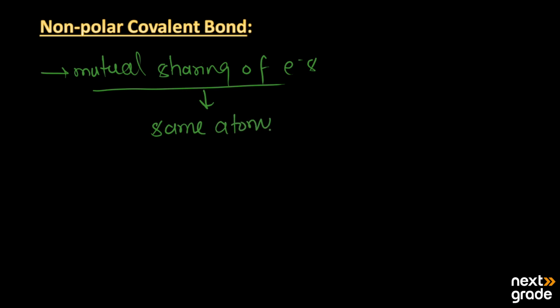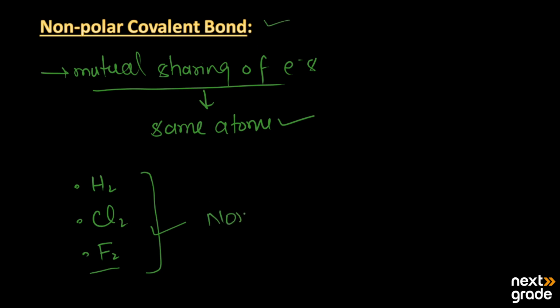Now what do we mean by the same atoms? For example, the bond between two hydrogen atoms, the bond between two chlorine atoms, the bond between two fluorine atoms. All these have the type of bond that is the non-polar covalent bond.